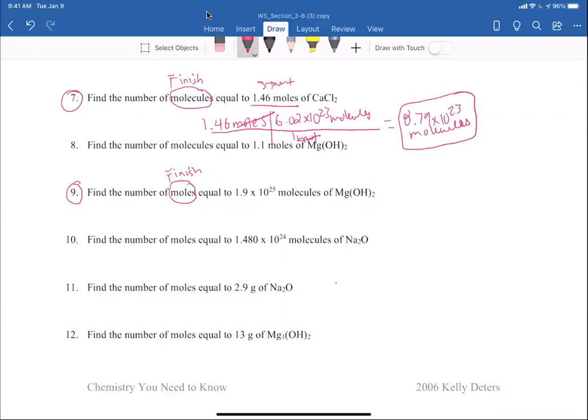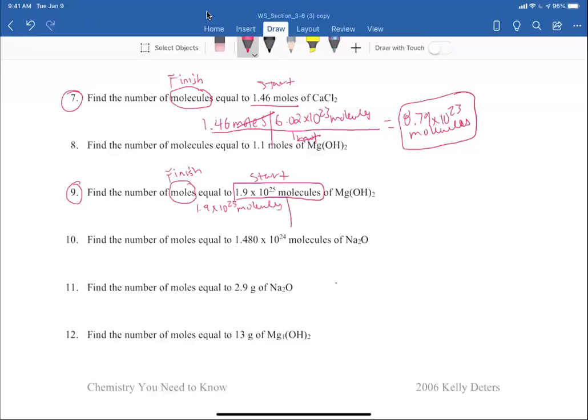Can anybody tell me where we're starting? Molecules. Mm-hmm. This is where we start. So we're going to write what we start with, which is 1.9 times 10 to the 25 molecules.